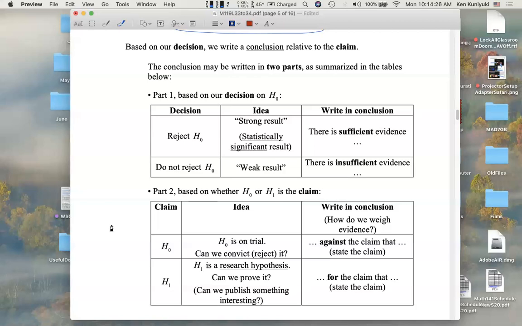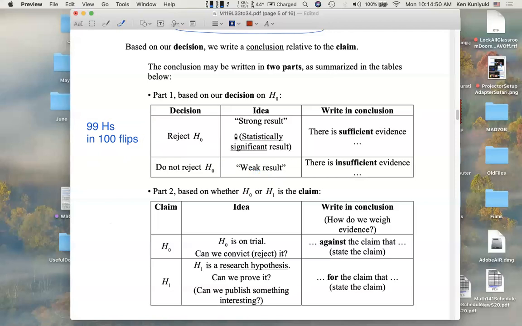It works. All right. So let's say you reject the null. You get, for example, 99 heads in 100 flips, and the null says the coin is fair, right? Then it's highly likely that you're going to reject the null. That's a strong result. When you reject the null, that's a strong result. That's like saying guilty. You're going up the river.